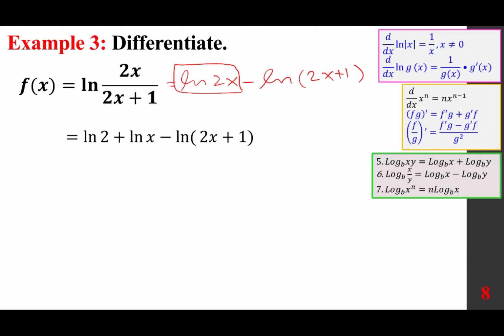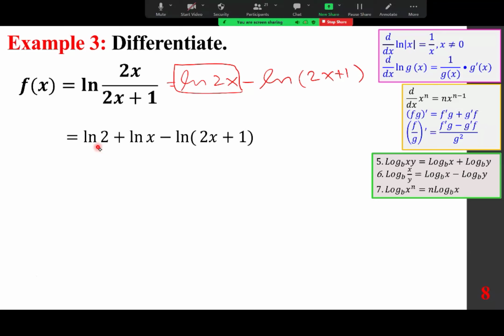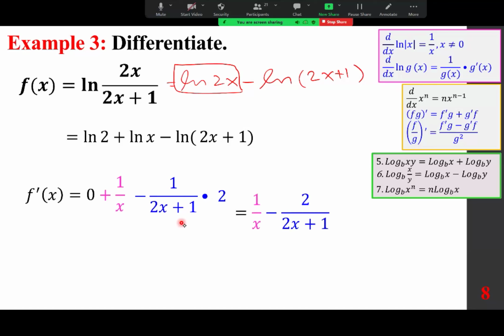Now, we are going to differentiate, and we know ln 2 is a number. The answer is 0. ln x is 1 over x. Please understand, ln 2, 5, e, pi, those are just numbers. Minus, flip this over, 1 over 2x plus 1. By the chain rule, times 2. So what you're looking at is 1 over x minus 2 over 2x plus 1.